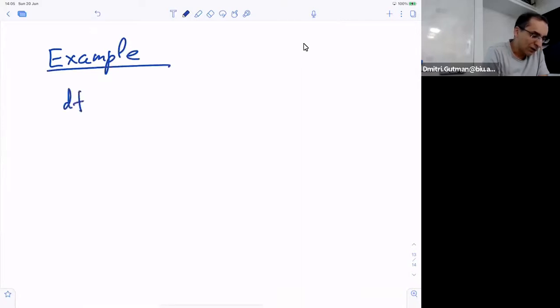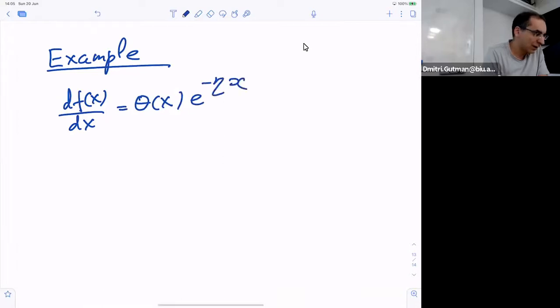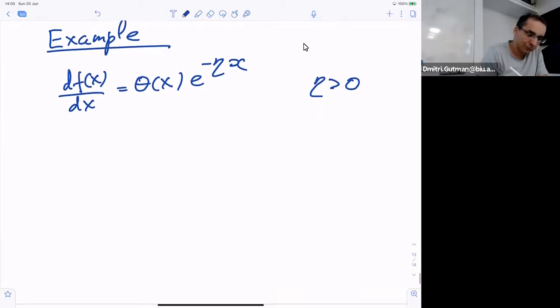Let's solve the differential equation df over dx is equal to theta function of x times e to the minus eta x, assuming that eta is something positive. And we need some boundary conditions.